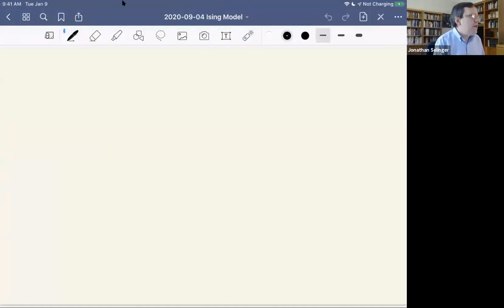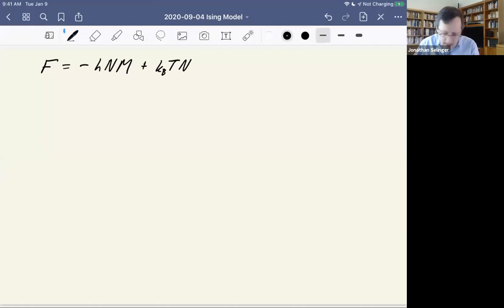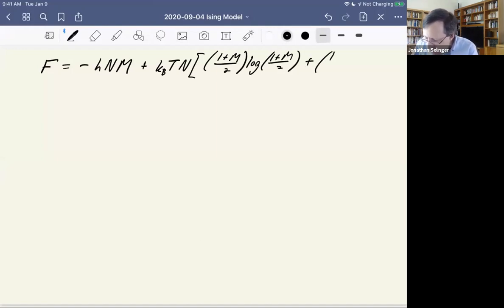If I start this calculation, let's remember the form of the free energy that we had: the free energy is minus H times M, plus kT N times this combination, (1 plus m)/2 log (1 plus m)/2, plus (1 minus m)/2 log (1 minus m)/2.